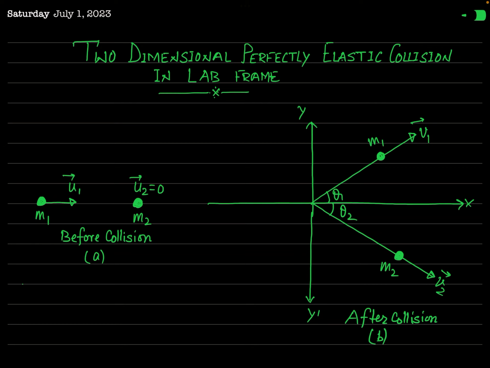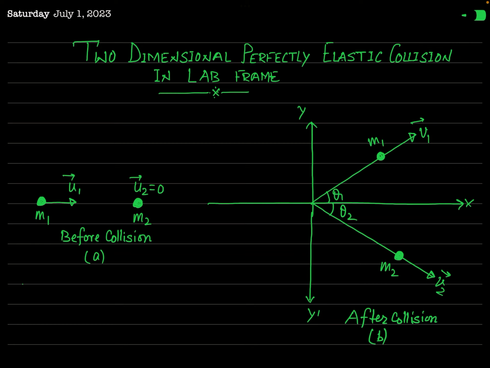In this lecture, we will see the two-dimensional perfectly elastic collision between two particles or bodies in the laboratory frame. And in the second lecture, you will see the same problem in the center of mass frame.